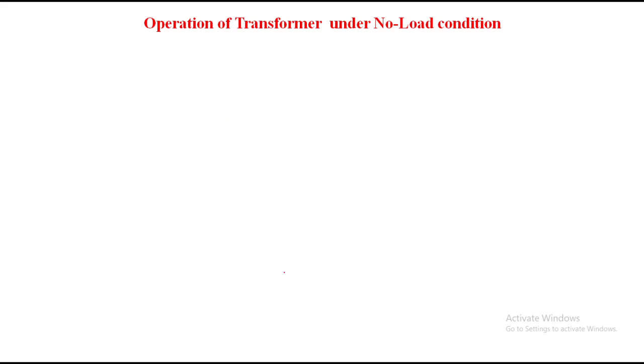Now I would like to give some important conclusions, observations. These observations are the most important. We all know that this is the supply voltage, which is equal to minus E1.